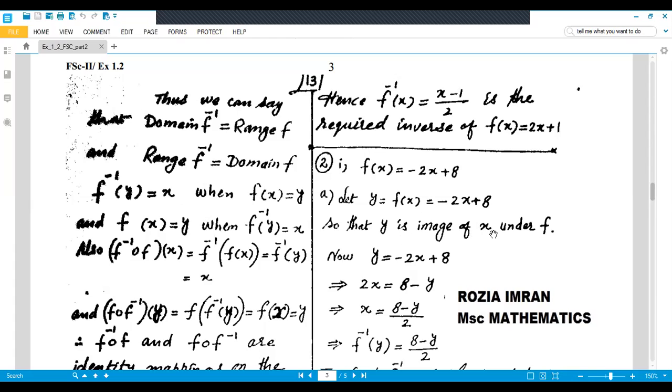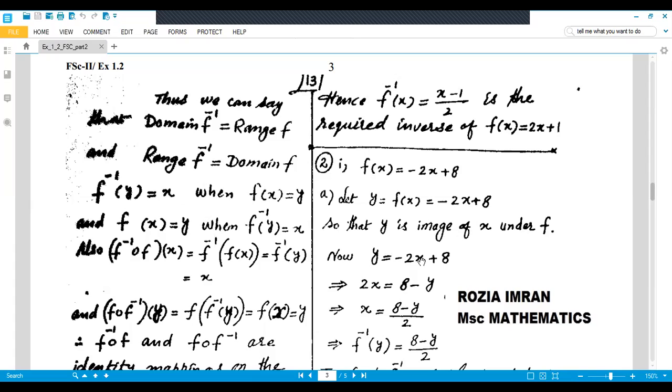y is the image of x under f. You know that y is the image or range and x is the domain. So you have to write f of y is equal to f of x. So y is equal to minus 2x plus 8. From this you find the value of x.